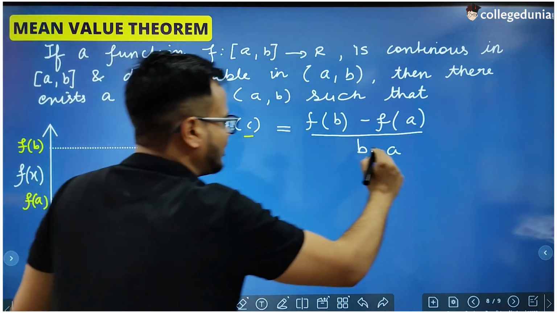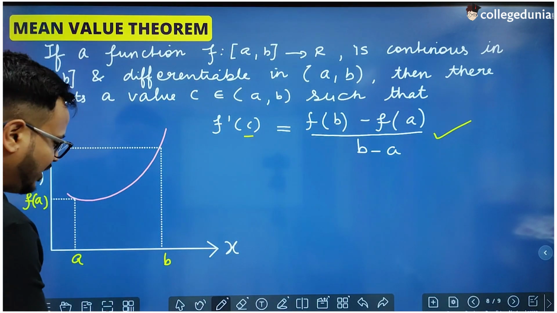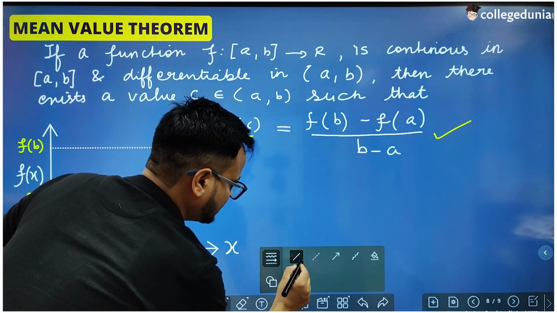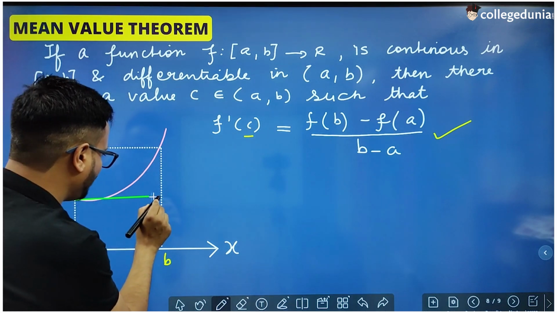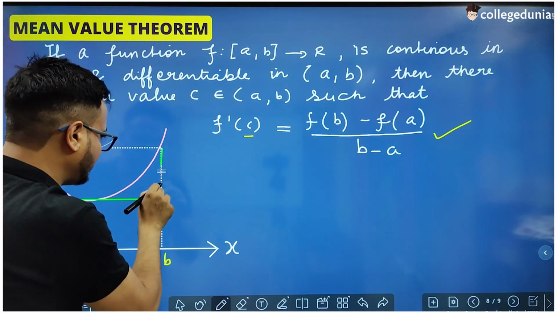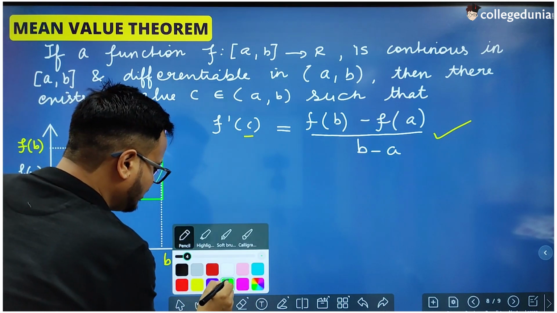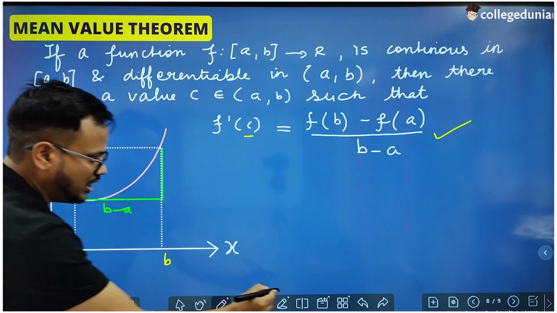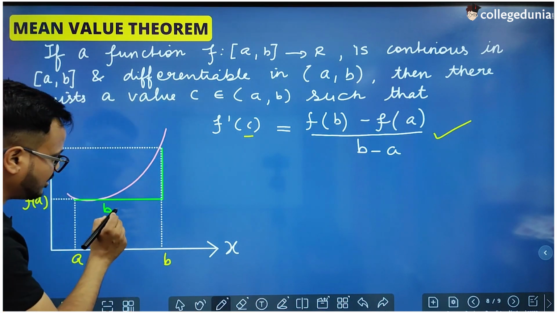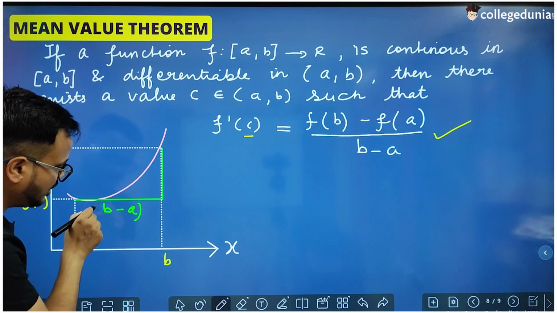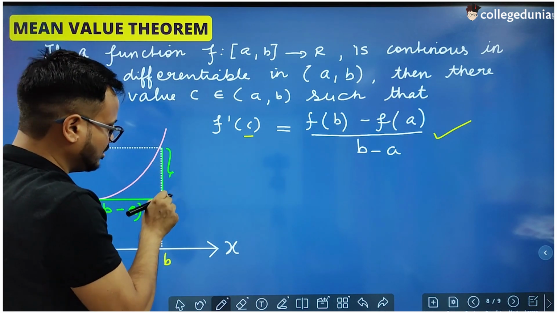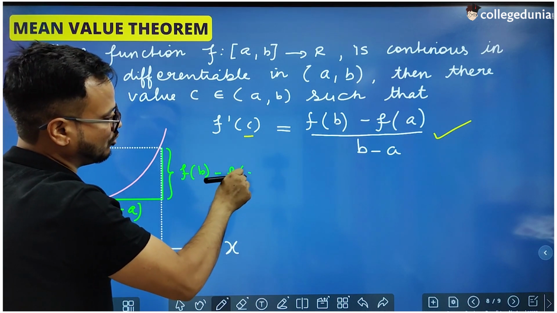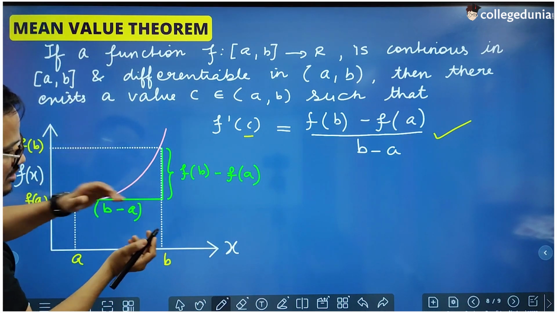Suppose let us first find this thing. What is this length, and what is this length? Obviously this length is b minus a, from a to b, and this length is f of b minus f of a, because this is f b, this is f a.